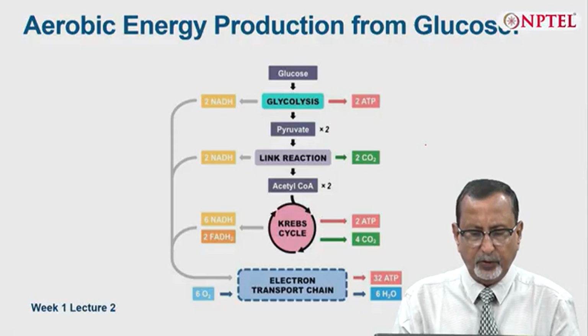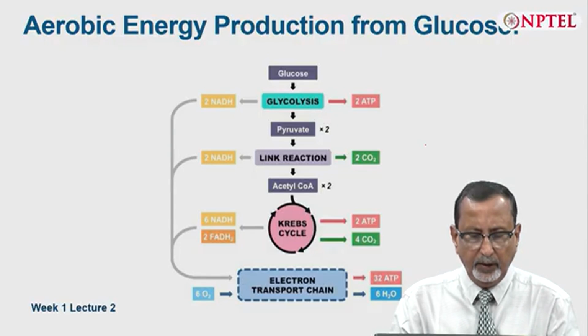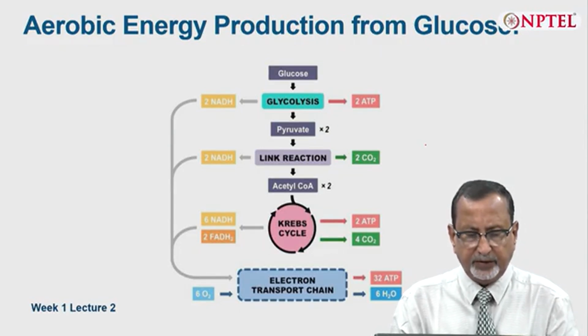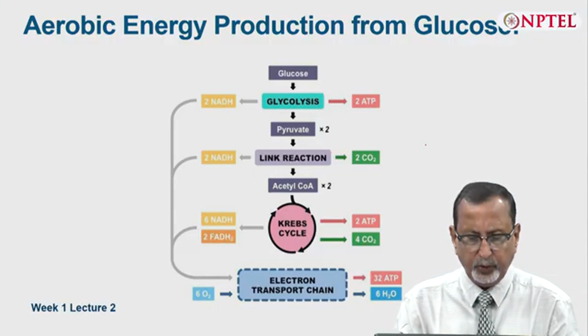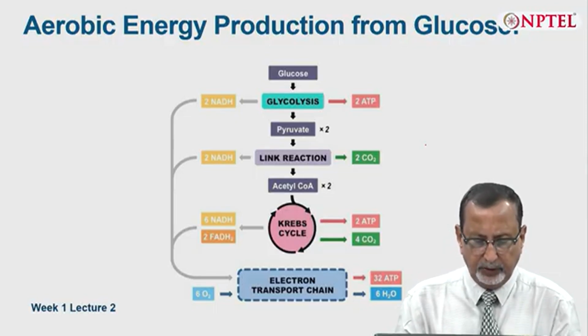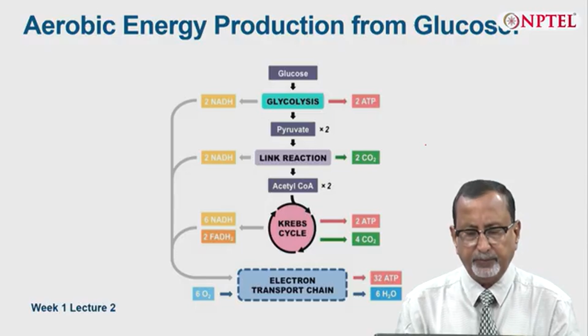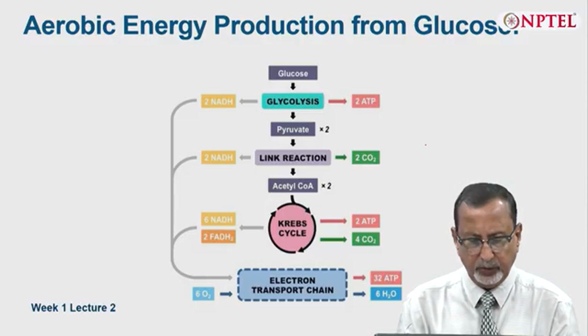Once the acetyl CoA is formed, it enters the Krebs cycle, and in the Krebs cycle 6 NADH and 2 FADH2 are formed, along with 2 ATP and 4 CO2. So, if we calculate how many ATP are produced in total, we can see it is 32.